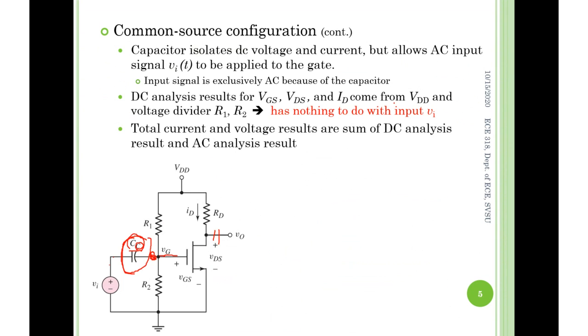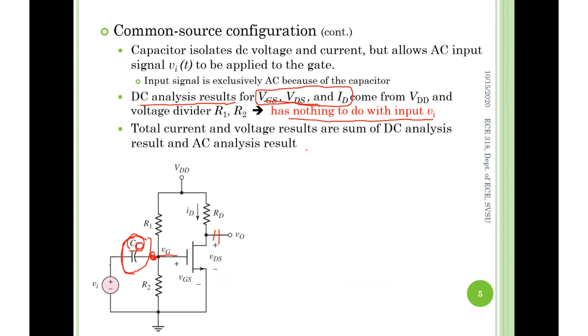And the DC analysis results, once again, we are looking for these three guys. It has nothing to do with the AC input. Of course, this is the superposition principle. When you conduct a DC analysis, you need to get rid of the AC source.